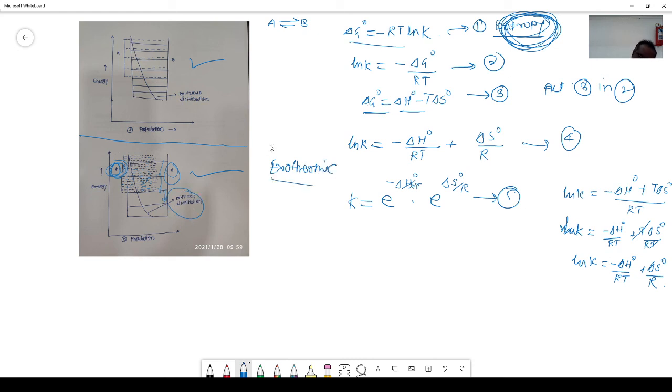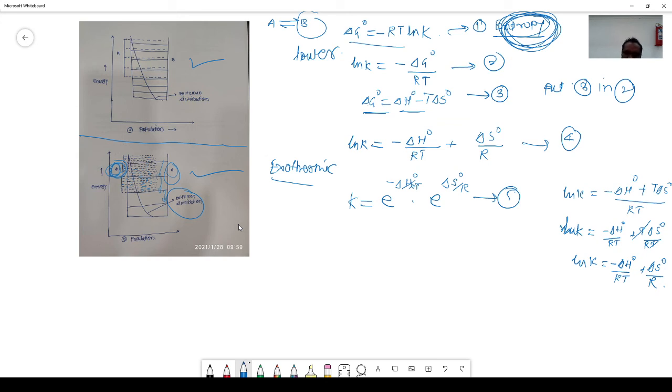The product molecules will have lower energy, right? In endothermic reaction, the product molecules will have higher energy, in which the heat is absorbed. So for the exothermic reaction, delta H0 is negative, hence K will be higher, and it can be expected to have the equilibrium constant favor the product formation, more number of product formation, right?